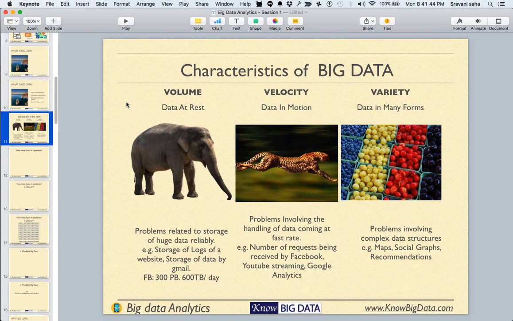For example, if you're trying to classify 1 gigabyte or say 10 gigabytes of data, although it's neither fast moving nor too big a storage, since you're going to process it a lot, in the sense that you take a record and compare it with all others, it is too heavy on the computation.